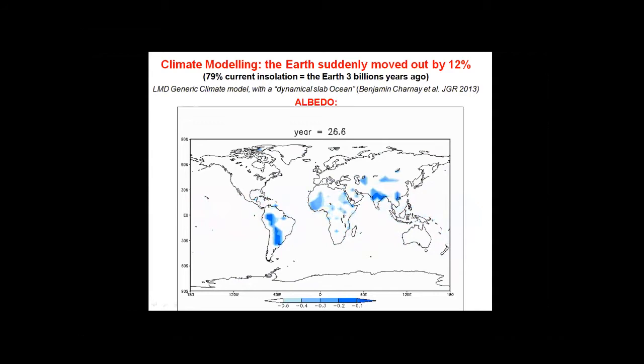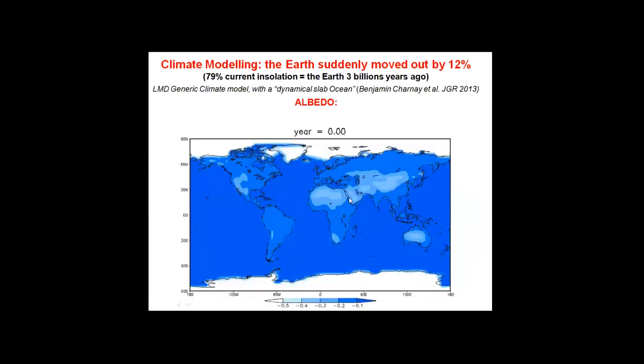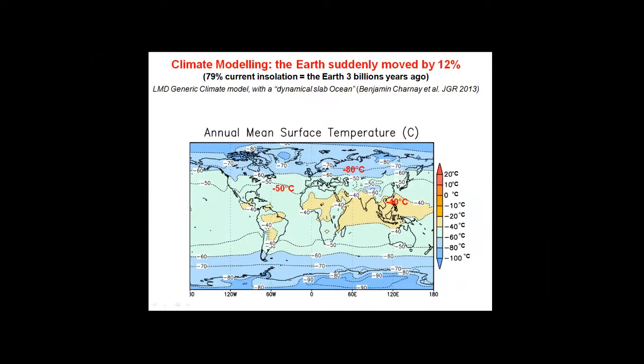If you move the Earth by 5%, it's almost the same. So at the end of this simulation, the mean temperature is -60. In Australia, it's -50. So it's a very different planet, and in theory, the Earth should not be habitable.